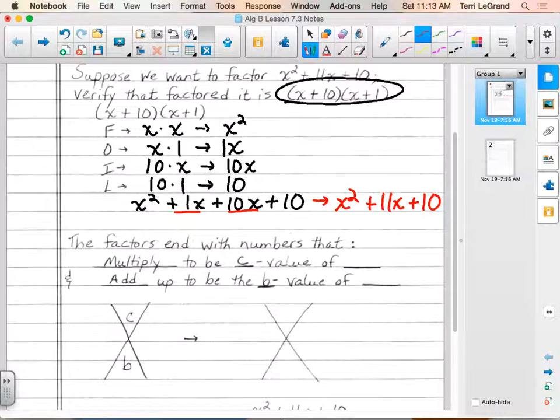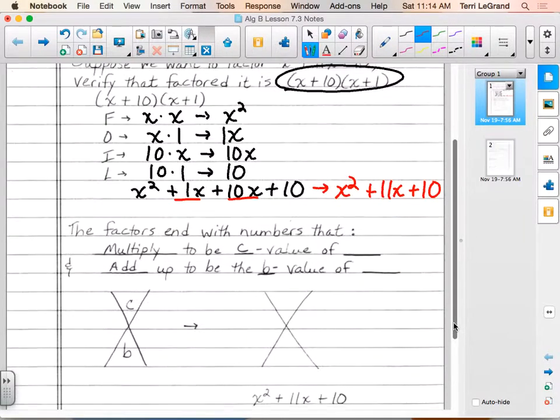We have the factor x plus 10 times the other factor x plus 1. When we multiply them out, we can see that they do get us back to the quadratic trinomial that we started with. So when you're factoring, if you want to make sure that you have those factors correct, or at least be somewhat sure, you can multiply them back out and see if it takes you to where you need to go.